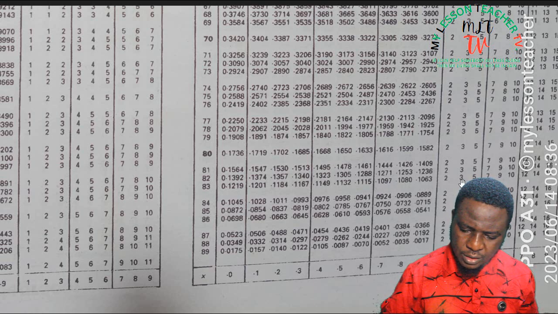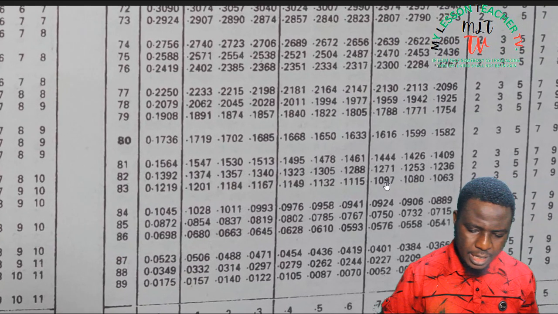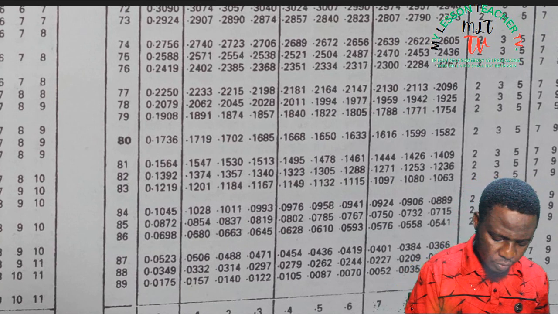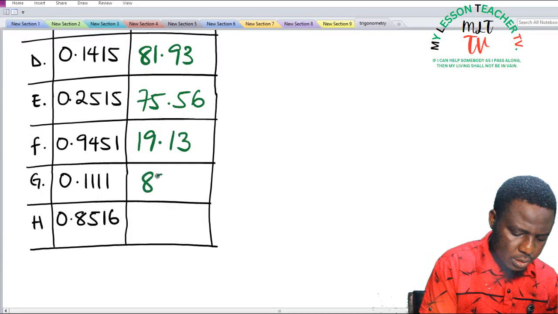But since I don't have a difference of 4, a difference of 3 will give me 1110, and that is accepted. That is 83 under 7, difference 2. So our angle now is 83.72. So 83.72 is our answer.